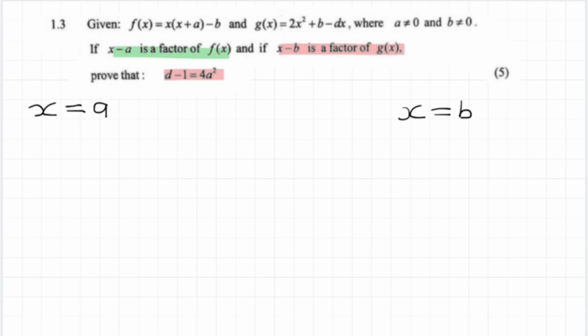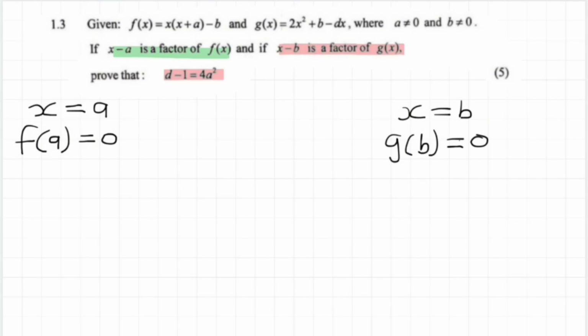Whenever we talk about factors, it means that f of a is going to be equal to 0, because if any number is a factor, when we substitute it into the original equation, we always get 0. You can pause and replay that. Also, for g of x, g of b, because it's a factor, we have to get 0 at the end of the day.